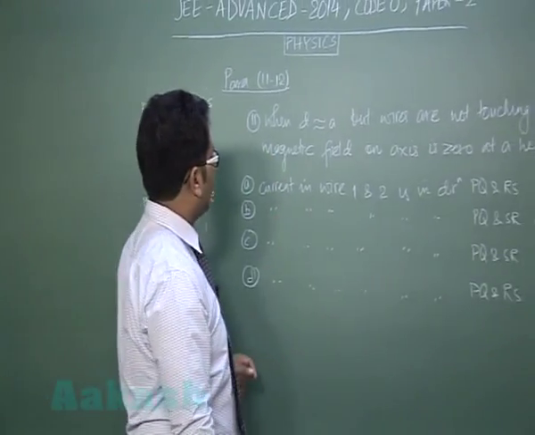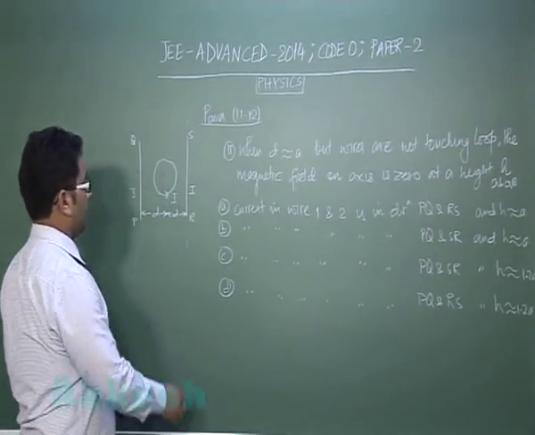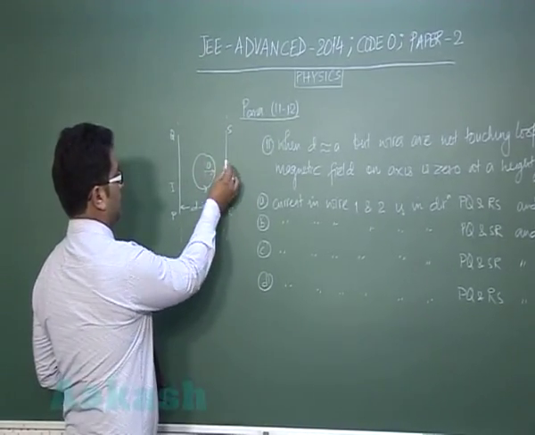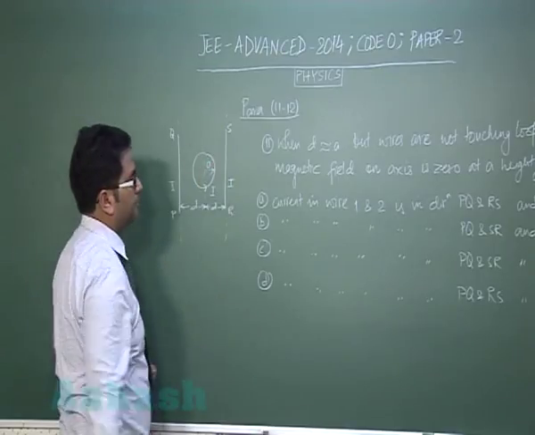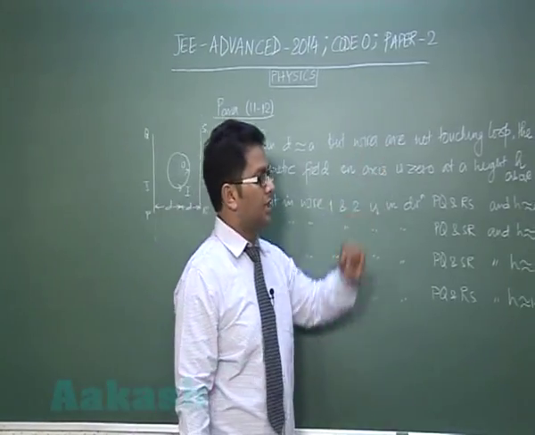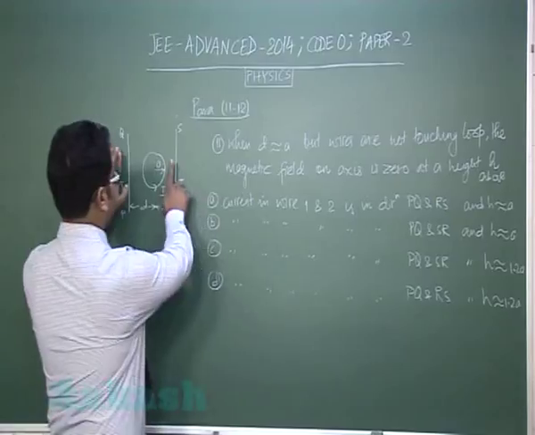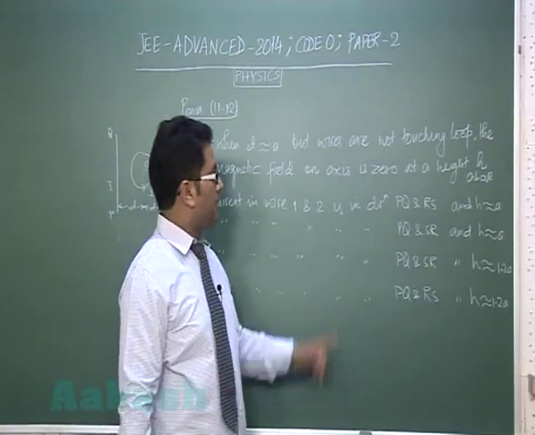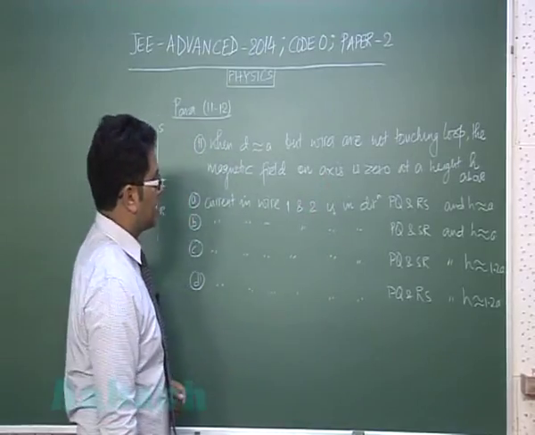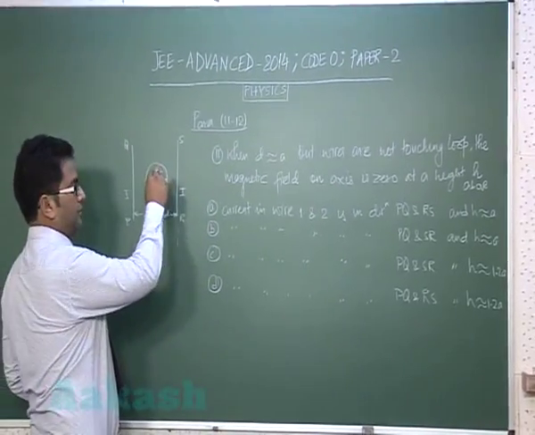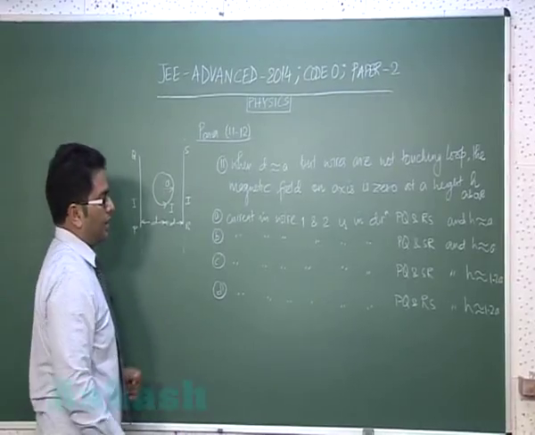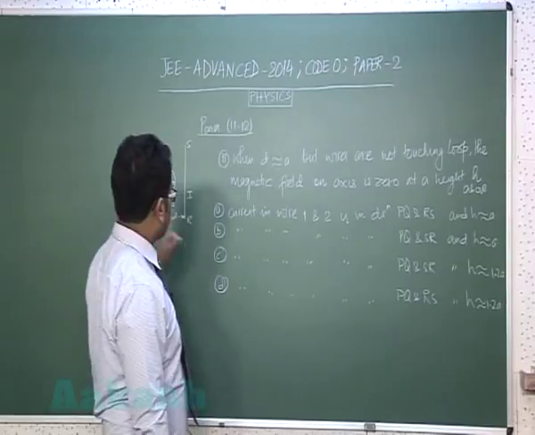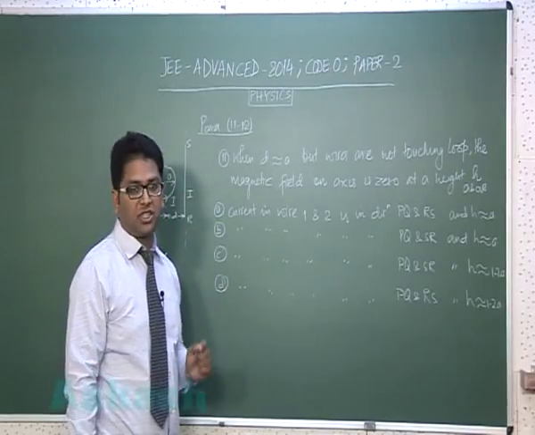The 11th question says when D is almost equal to A, the radius of the ring, that means this almost comes here, but wires are not touching. These two wires are very, very close, but they haven't touched yet. The magnetic field on the axis is 0 at a height h above. Then we need to fix up the direction of current in the wires as well as the value of h.